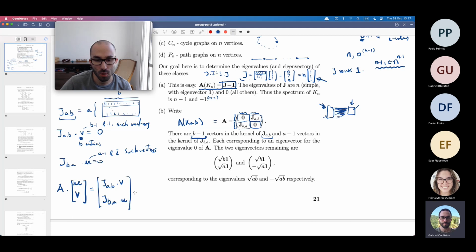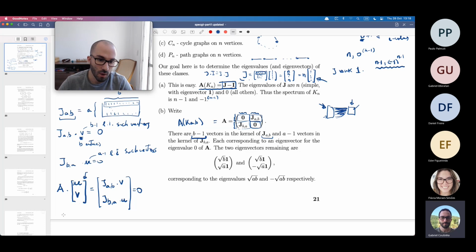And these two things are equal to 0. So if I consider all these linearly independent vectors and I concatenate with all these linearly independent vectors, I get a basis for the 0 eigenspace. And for each one of these guys, I can take any one of these guys and I still have something linearly independent.